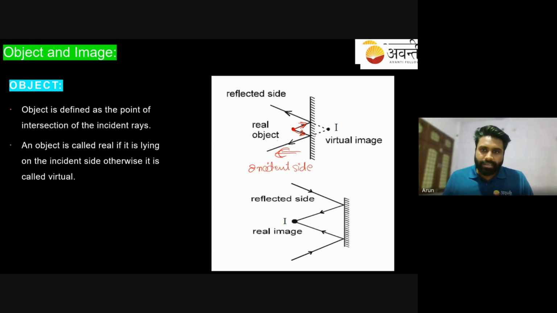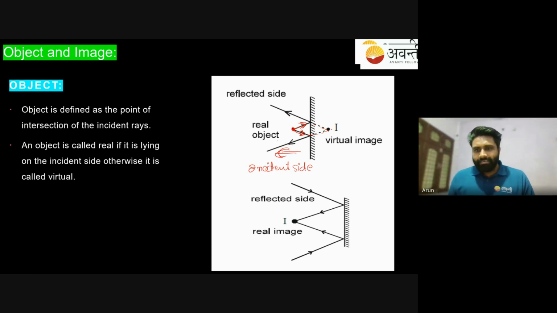For now, these rays are not actually meeting here after reflection, but it appears to meet. So that is a virtual image. If the object is present on the incident side, then it will be a real object. And if it is on the other side, not on the incident side, then it will be a virtual object. That is as simple as this.